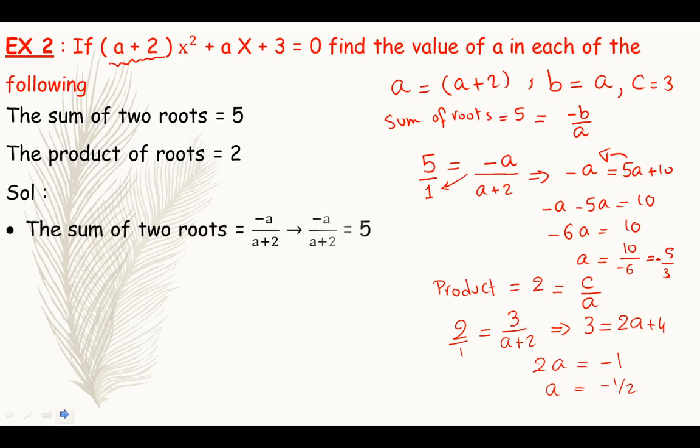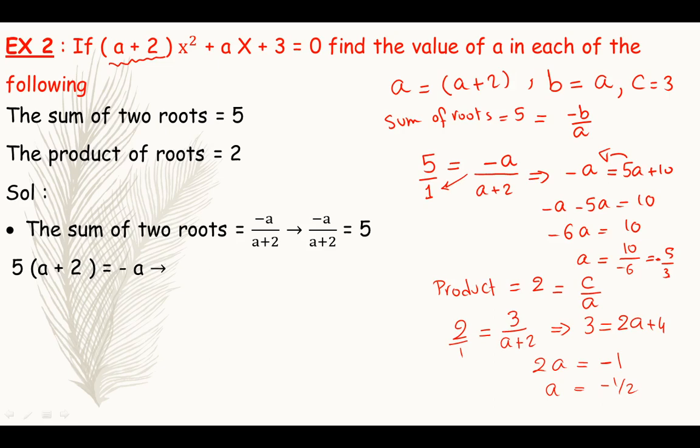Solution. The sum of roots equals negative a over a plus 2: negative a, the coefficient of x, over a plus 2, the coefficient of x power of 2. So negative a over a plus 2 is equal to 5. Okay? So cross multiplication, 5 multiplied by a is 5a, and 5 multiplied by 2 is 10.